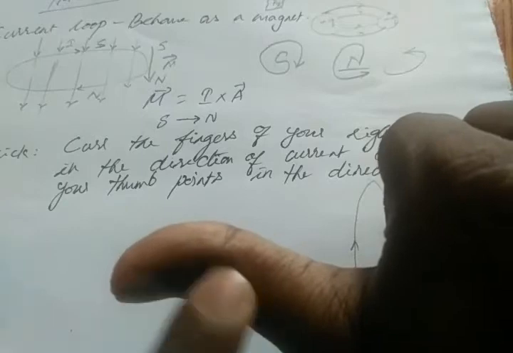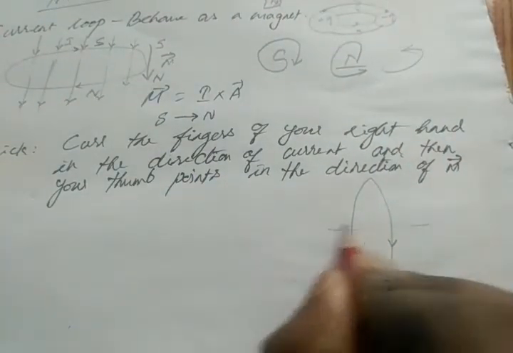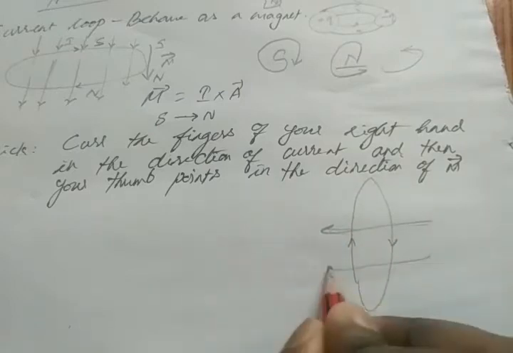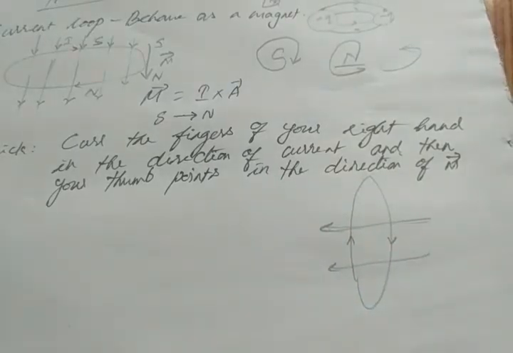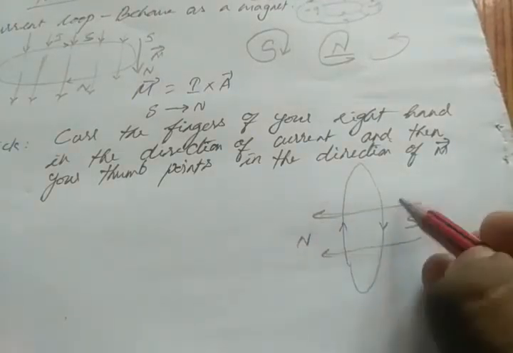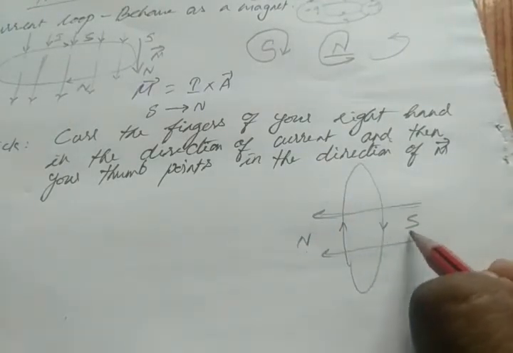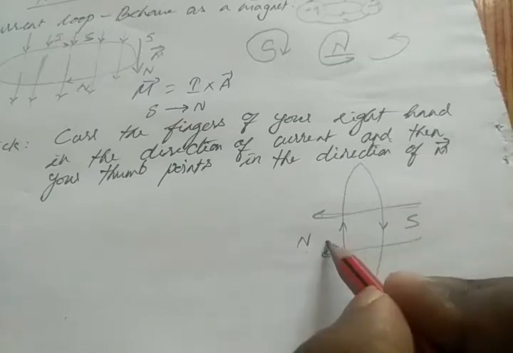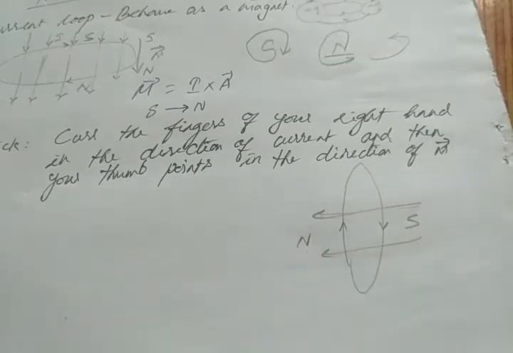My thumb shows the direction of the magnetic dipole moment. Magnetic dipole moment starts with south and ends with north. So the right side of the loop is considered as south pole, and the left side of the loop is considered as north pole. Clear?